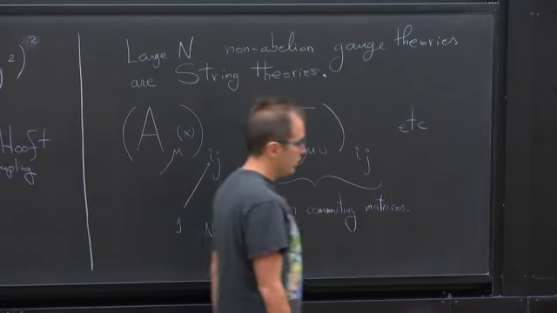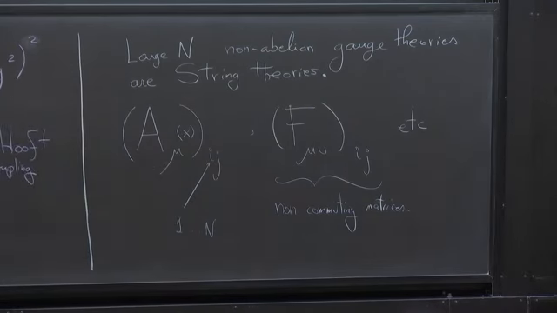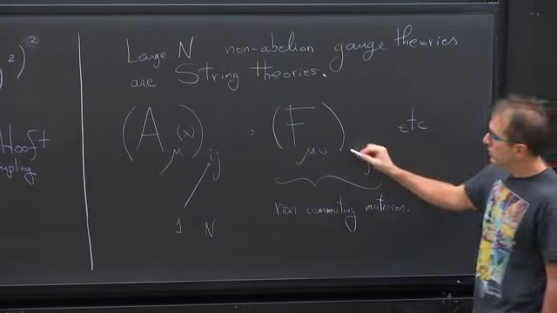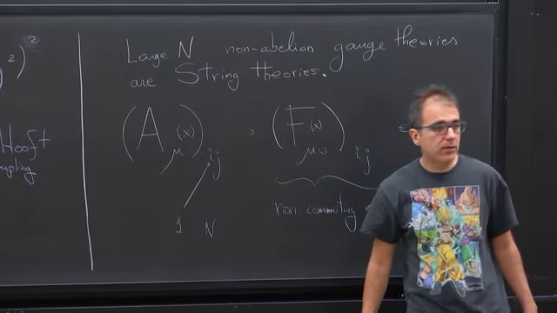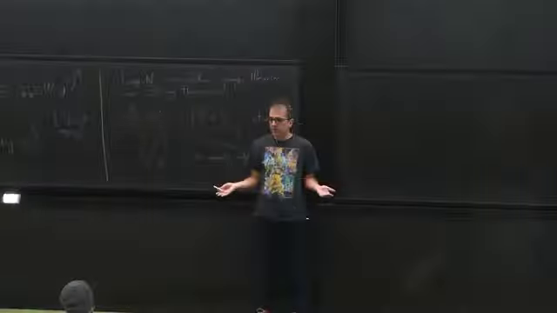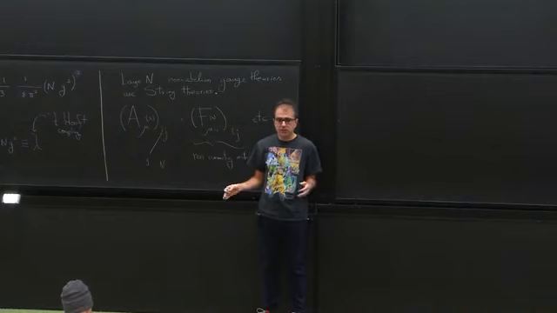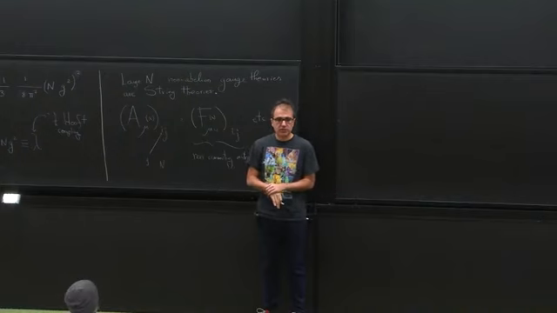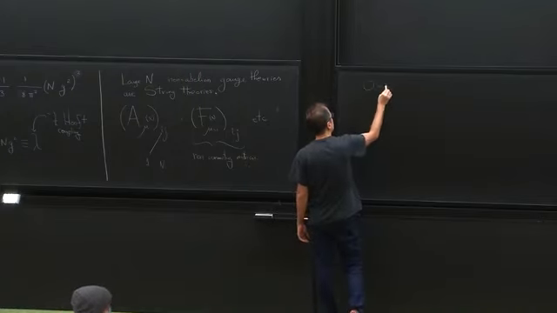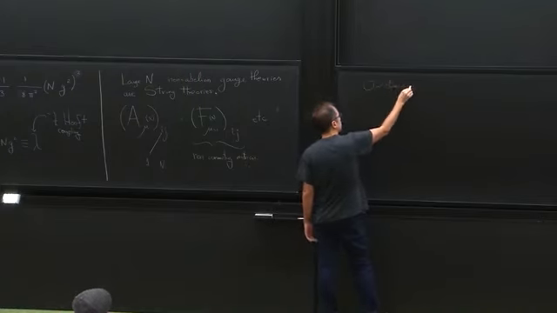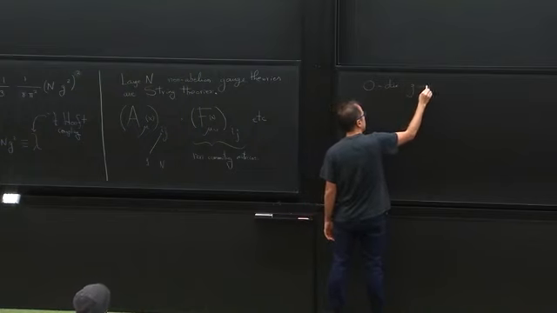Now, for the purpose of today and tomorrow, we are going to study the simplest non-abelian gauge theories, where x is a point in space-time. So you typically have space-time of 4 dimensions, 3 dimensions, 2 dimensions. We are going to consider space-times of 0 dimensions. So we are going to study 0-dimensional gauge theories.